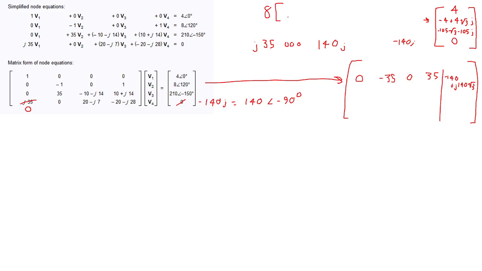It is 8 times, I'll use parentheses, cosine of 120 degrees plus j sine of 120 degrees. Pull out your unit circle, and those are known things. And they give you negative 4 plus 4 radical 3j.